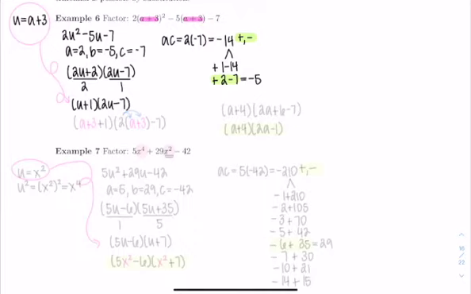Now this looks pretty nice, but I didn't have u in the original equation. I had a. So what we're going to do now is back substitute. Anywhere we see u, we are now going to put a plus 3.